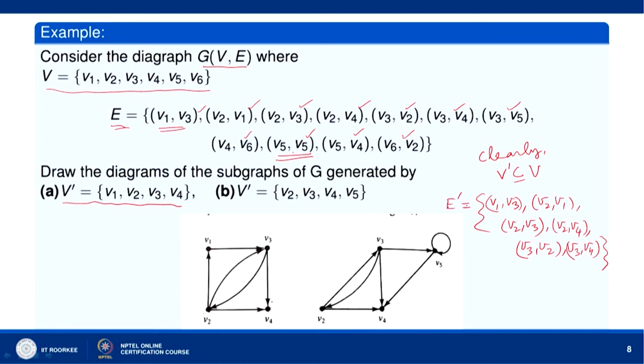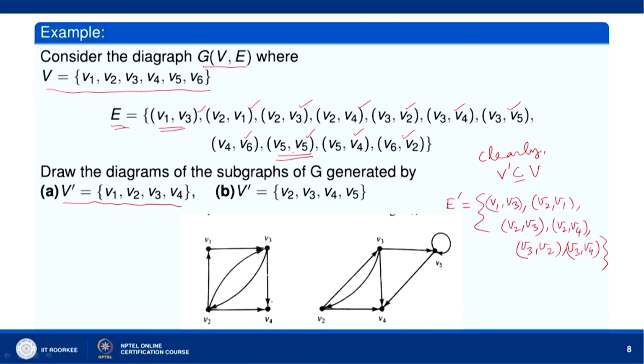E dash consists of those edges whose endpoints belong to B dash, and therefore the graph G(B dash, E dash) will be the subgraph of G(B, E) generated by B dash, and its figure could be like this.